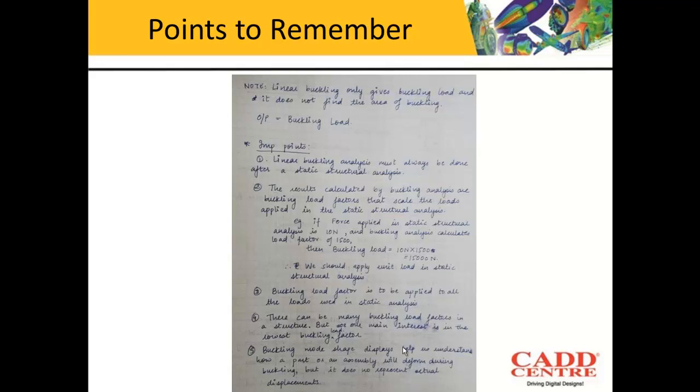So please understand, whatever mode shape you get in buckling analysis can be considered as an example or a reference, but it will not be the actual displacement that will happen in real time. So these are some important points that you should always remember when you are performing the buckling analysis.